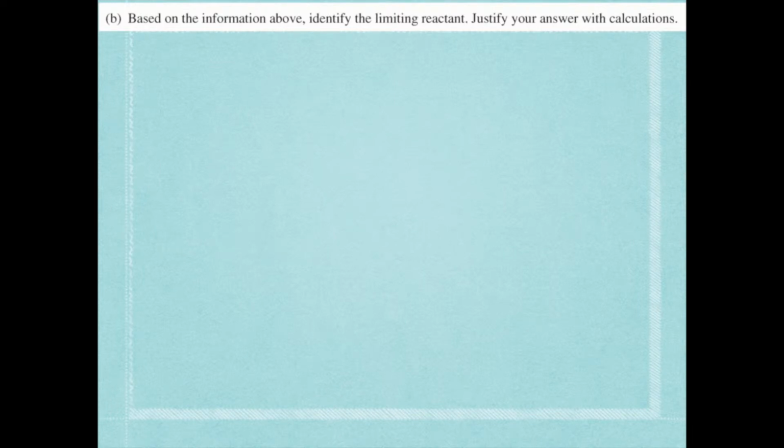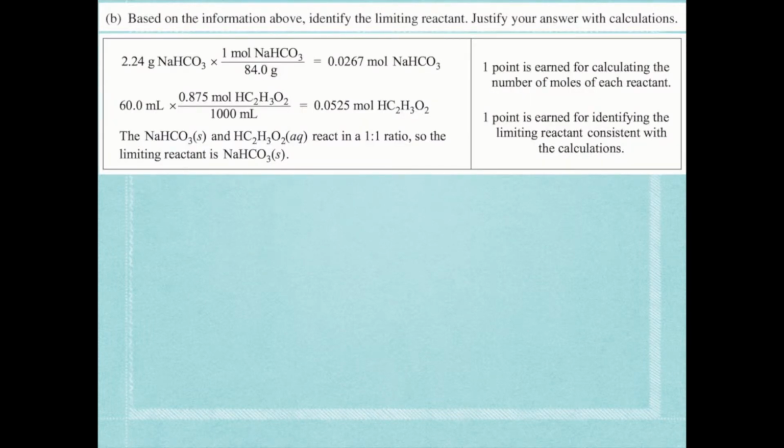I've got 2.24 grams of one reactant, and then I have a volume and a concentration for my other. So I can figure out the moles for each of those, okay? Going from grams to moles for sodium bicarbonate and going from concentration multiplying by volume to get moles of acetic acid. Since I've got a 1-to-1 ratio, NaHCO3, because I have fewer moles of that, is my limiting reactant. So you got 1 point for calculating moles of reactant and 1 for identifying the limiting reactant.